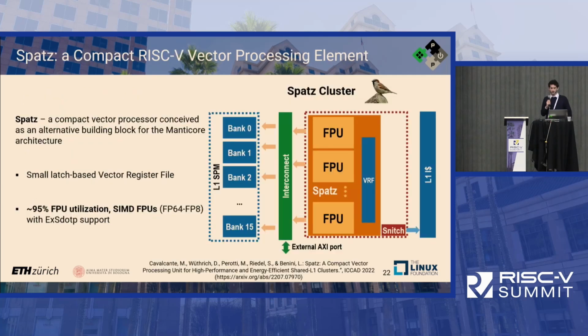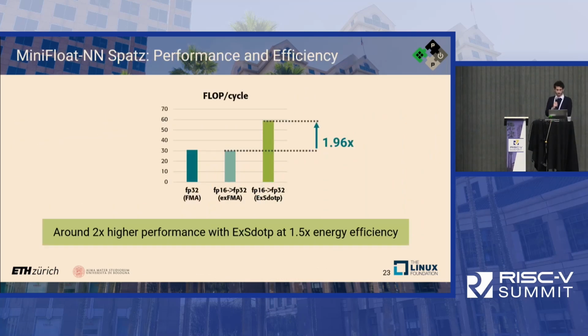We have added our unit to a compact vector processor that has been conceived as an alternative building block for manycore architectures. This is a bit different from the usual RISC-V vector processors that we see. It is coupled to a very small core, and it has a small latch-based vector register file, and allows us to reach around 95% of FPU utilization.